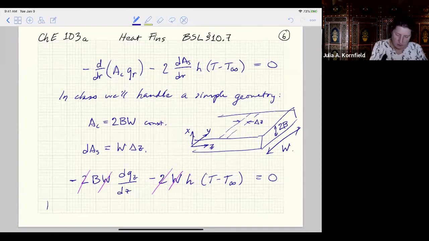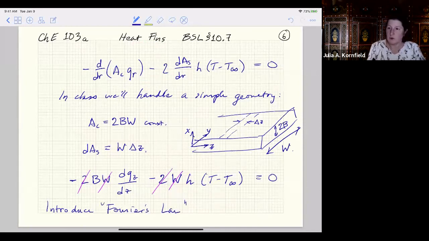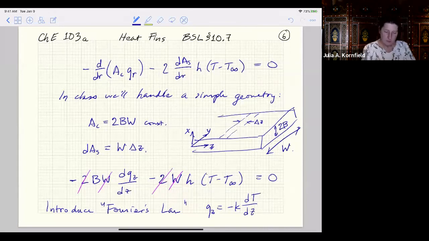we can introduce Fourier's law. And Fourier's law is universally a great approximation for heat fins because they're made of materials that have high thermal conductivity that's uniform through the material. Okay. Fourier's law, so we will end up with, okay, let's go plus, so minus, okay, good.